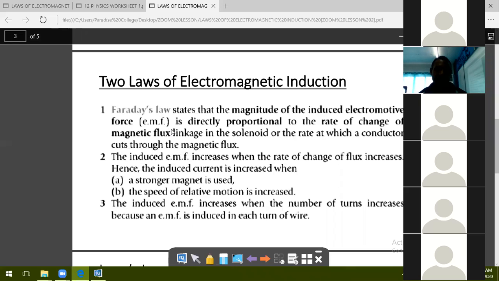Which means that the magnitude, or the size, of the induced electromotive force, which is basically the voltage to drive the current around the circuit, is directly proportional to the amount of magnetic field strength found inside the setting.